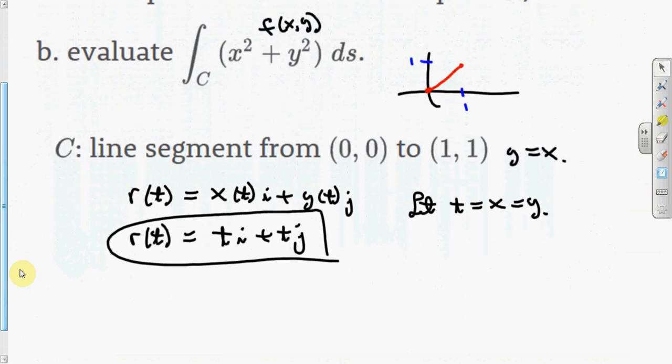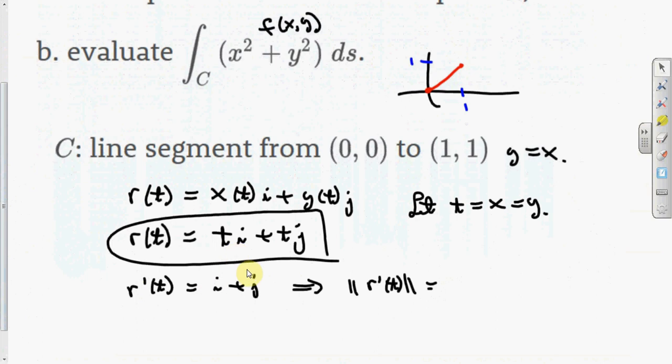So once you have that, we've got to find r prime of t. This is i plus j. And then we need the norm of r prime of t. Do you agree with me that that's the square root of 2? Does everybody see that? Donnie, do you see that? Yes, sir. Okay. Lewis, do you see that? Take the norm of r prime of t.